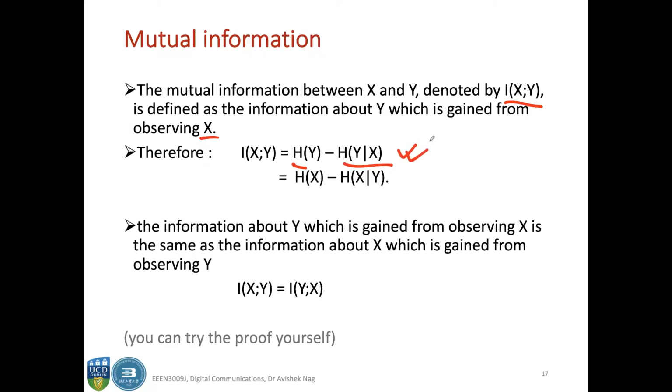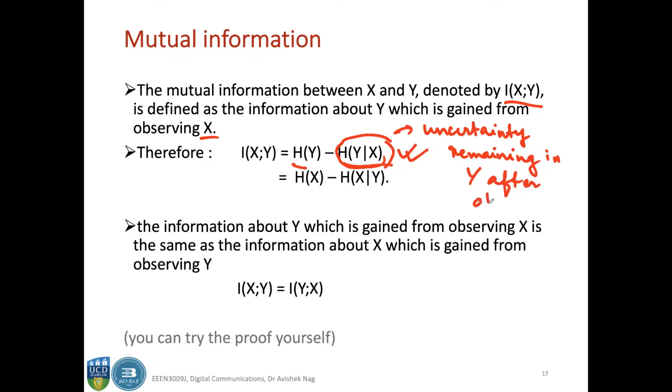So this is basically the uncertainty remaining in Y after observing X. If you now subtract this uncertainty from H(Y), you are actually gaining in terms of information.